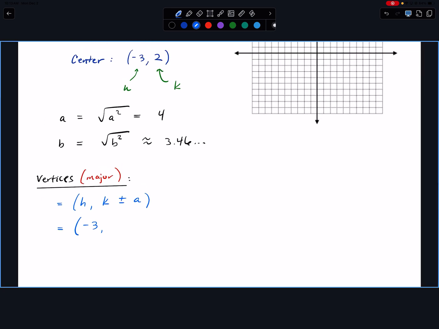So -3 comma K, which is 2, plus or minus, what was A? 4. So our vertices are going to be -3 comma 2 plus 4 is 6, and -3 comma 2 minus 4 is -2.